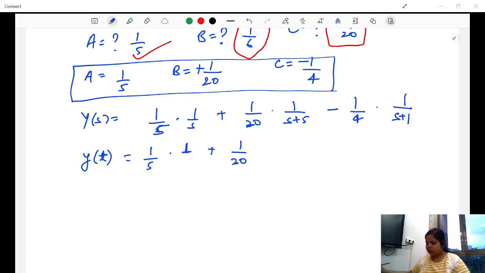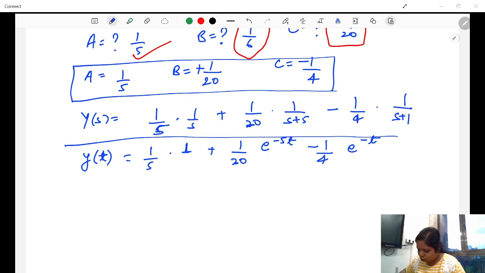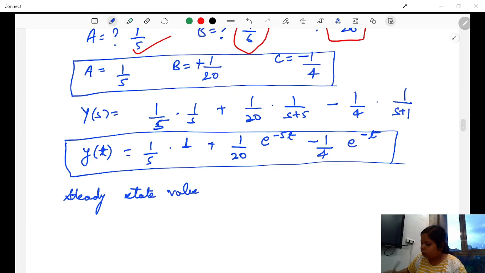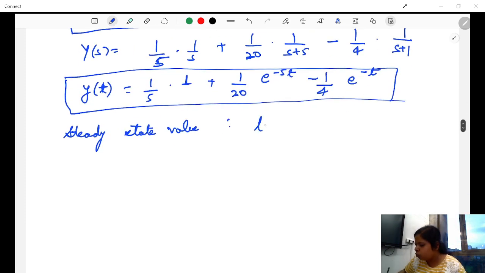E to the power minus 5t. Very good. And similarly here would be e to the power minus t. So this is the time response you have got. Now what I want to find is steady state value. If I want to find out the steady state value, that means I want to say what would happen at t is equal to infinity.